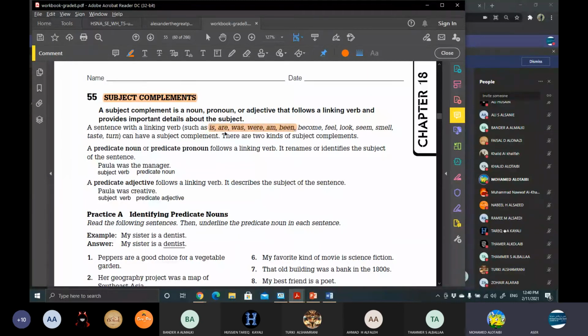All of this, am, is, are, was, were, been, is verb to be. We can say that a verb is a linking one if we can replace it by verb to be.